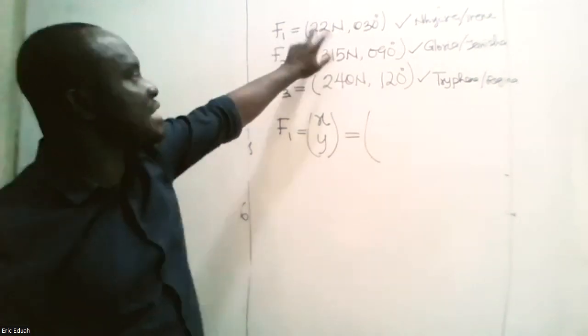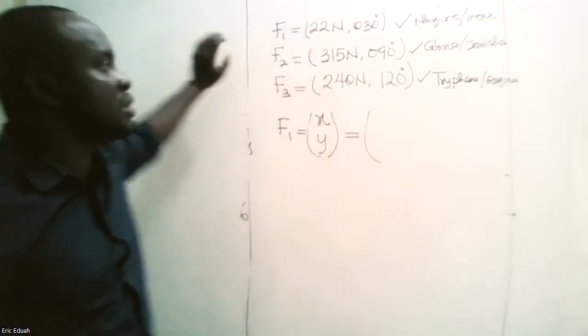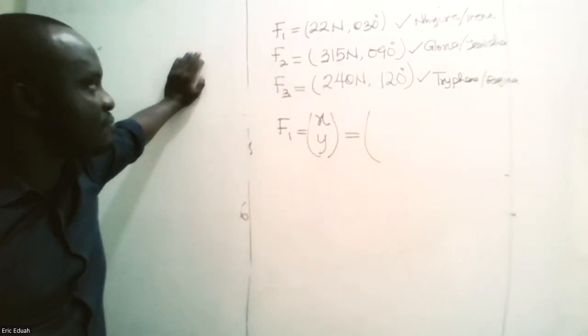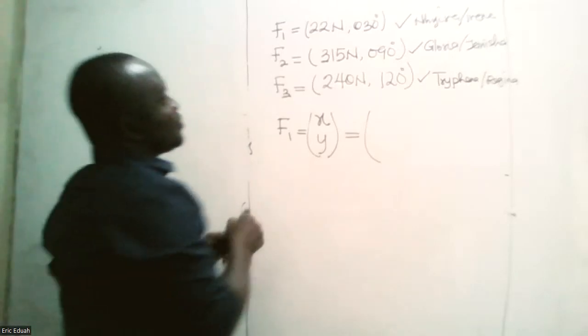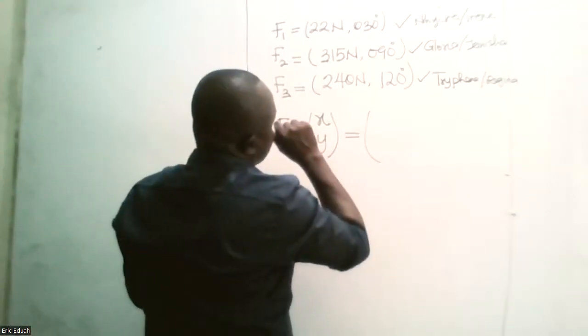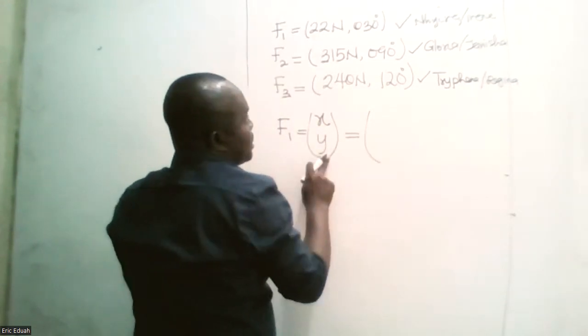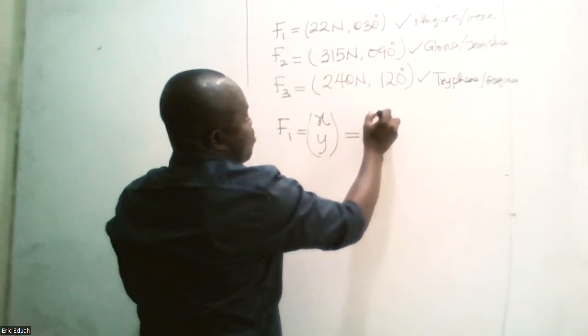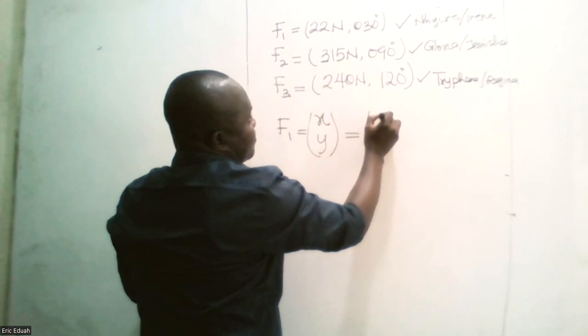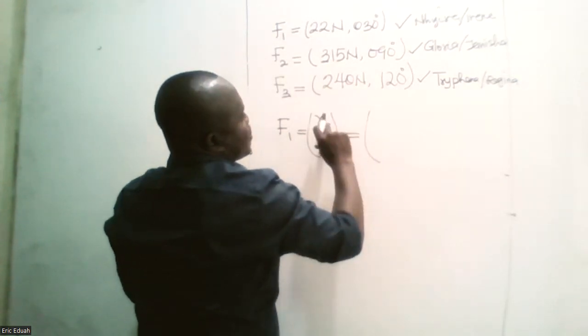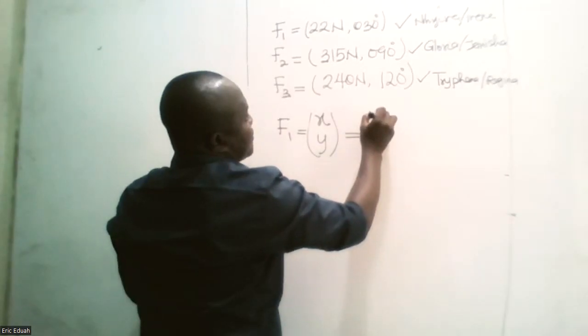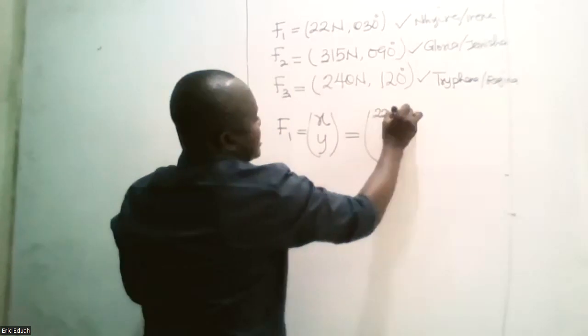The magnitude of the force is 22. So 22 sin 30 is 11. So which one is the X component and Y component? I think it's the X. The X is 22 sin 30.